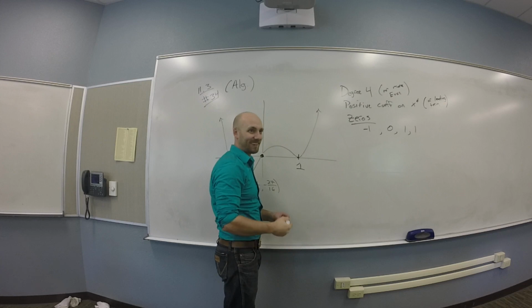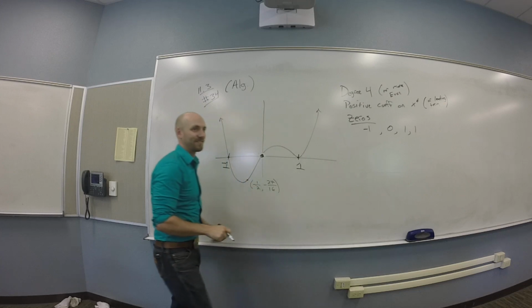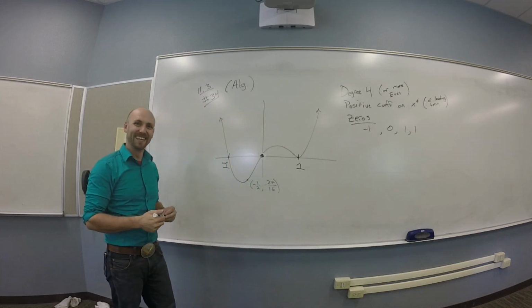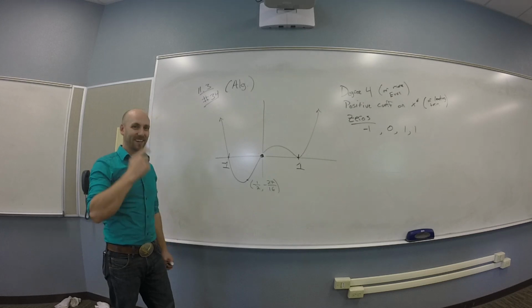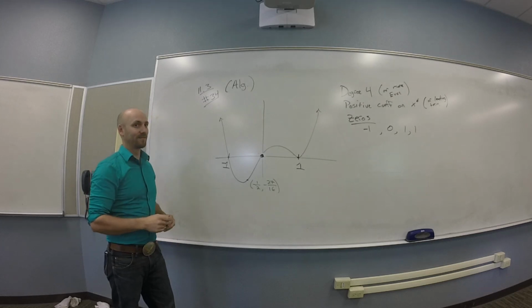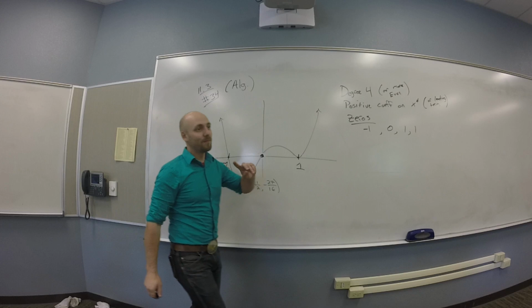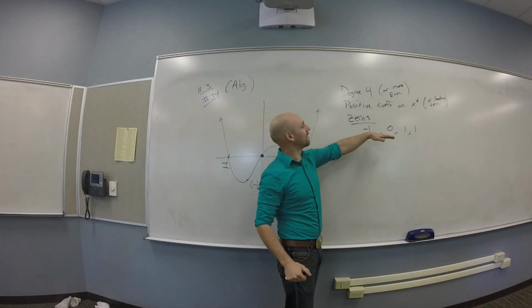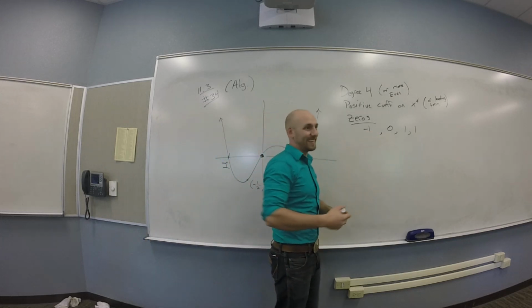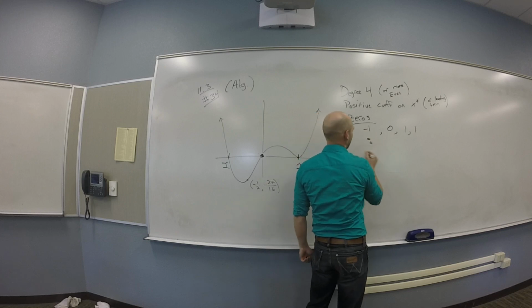Quintic is the next one. Quartic, like a quarter. Okay, at any rate, the fact that there are these zeros means that there are factors.